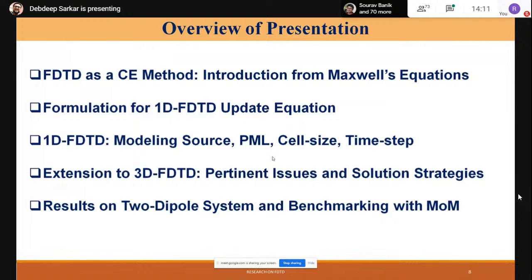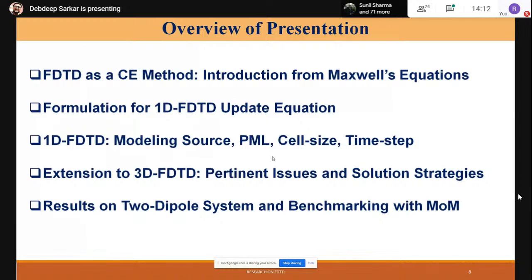So I will start by discussing FDTD as a computational electromagnetic method, and how we can basically introduce it from Maxwell's equations. Here I would like to say that I think we have already seen some of the lectures on method of moments and a broad overview of all the computational electromagnetic methods.